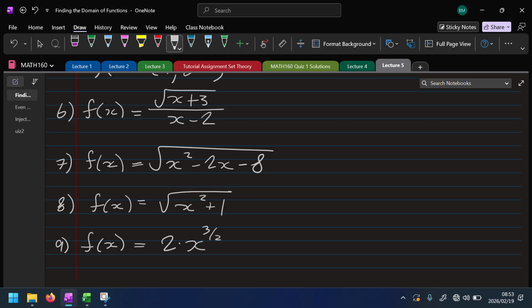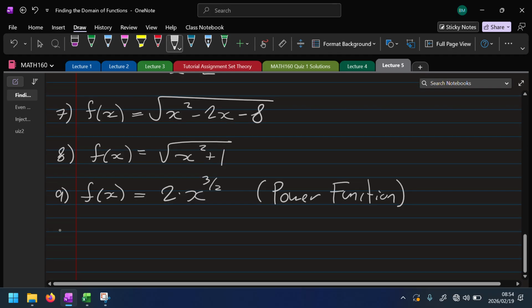And again, just for the terminology, what type of function is this? x to something is a power function. Please get used to these names. We have some real number times x to some real number. It's a power function.